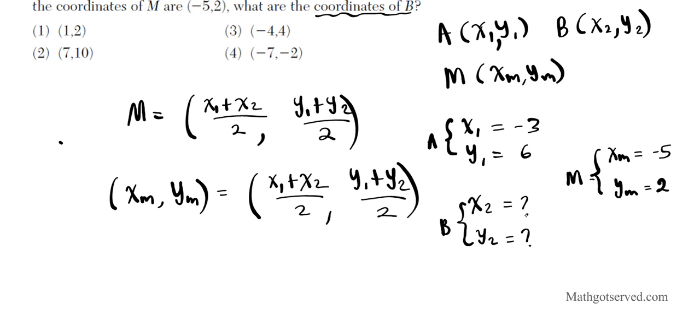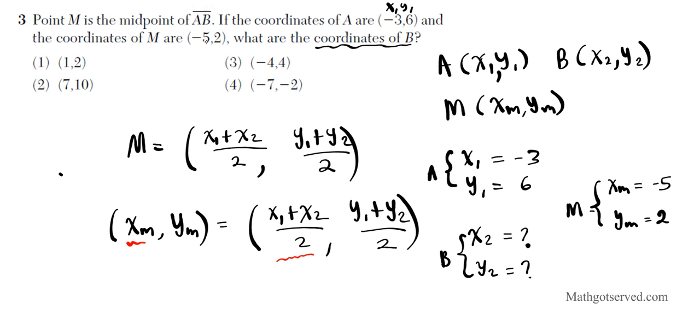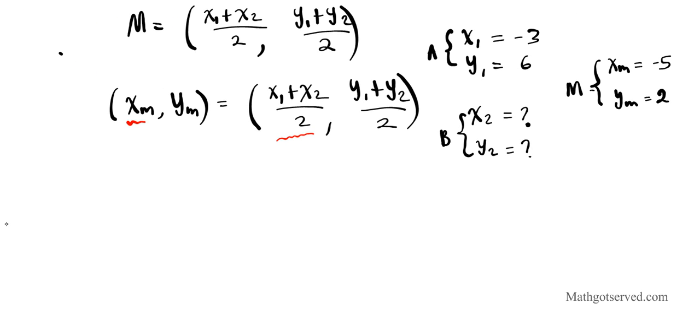Okay, so we don't have to do too much in this problem. We can just focus our attention on the x coordinates, because you notice all the x coordinates in your alternatives are distinct. So I can just focus on the x. If I can get the x correct, that will be my answer. What this is telling me is that if I average the x's of A and B, I'm going to get -5. So let's set up an equation.